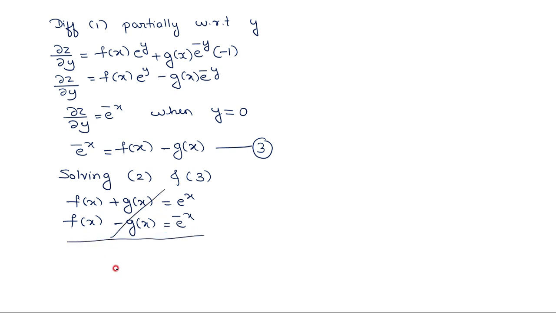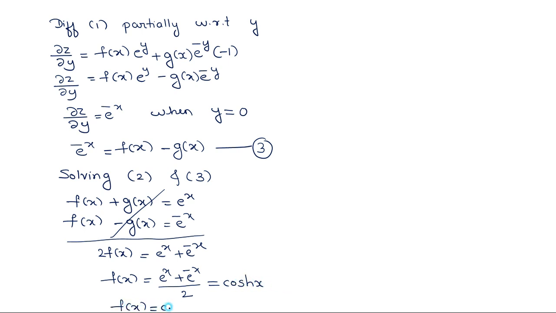So the g(x) gets cancelled. 2f(x) is e^x + e^(−x). So we can write f(x) = (e^x + e^(−x))/2. If you see, this is nothing but cos hyperbolic x. So the value of f(x) is cosh x.